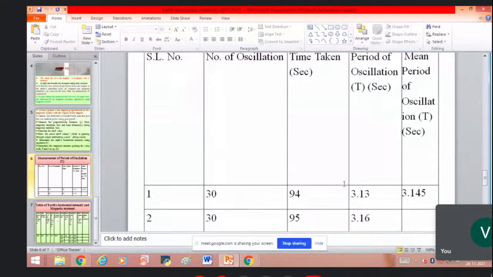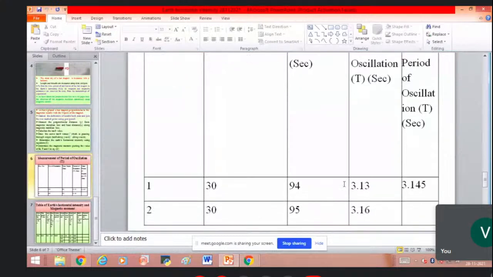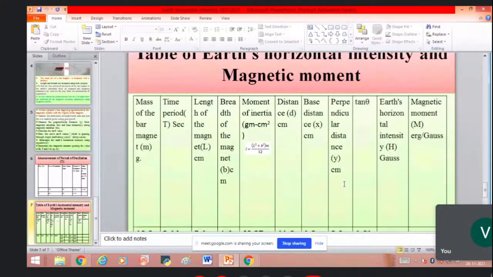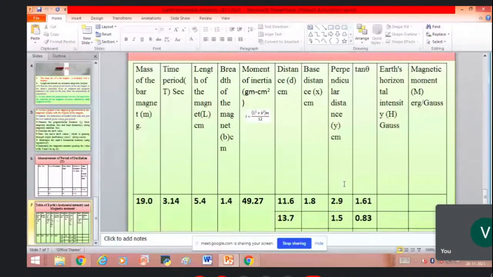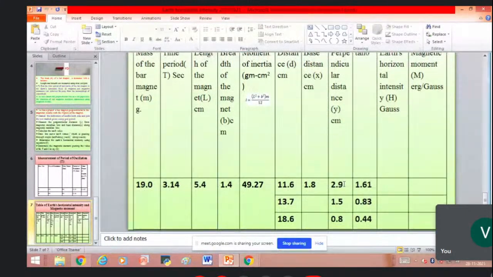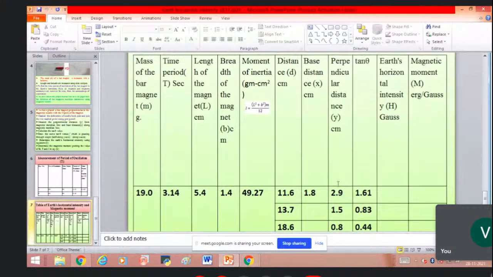This is the oscillation time period, and one result. I have taken data and found the Earth's horizontal intensity is around 0.37.